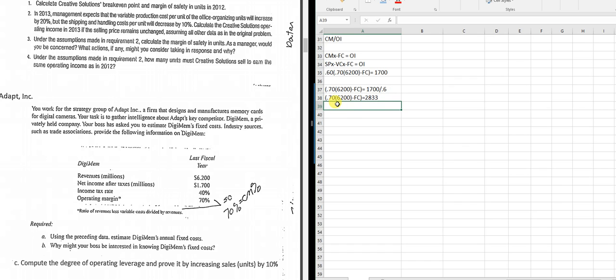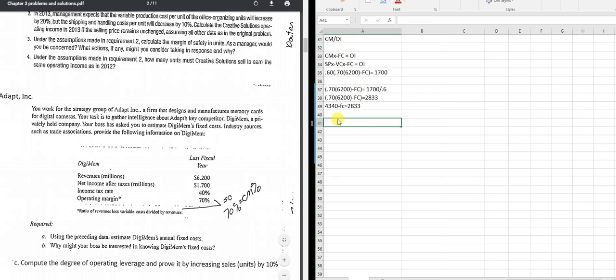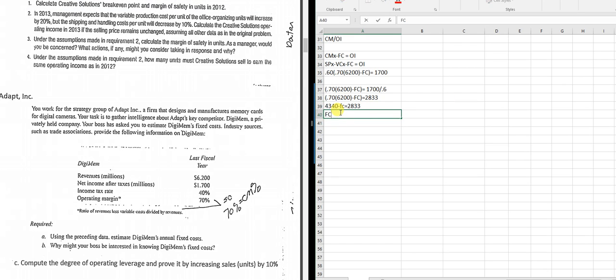Okay, so 0.7 times 6,200 is 4,340 minus fixed costs equals my 2833. And so I can solve for my fixed cost now, and so my fixed cost equals 1,507. And again, you can look at the handout. I've got this handwritten on there.